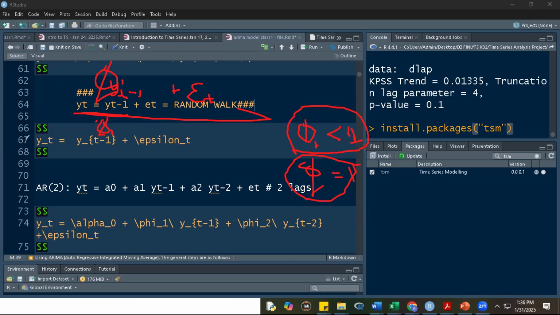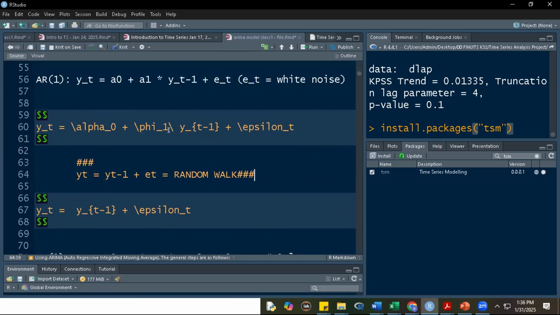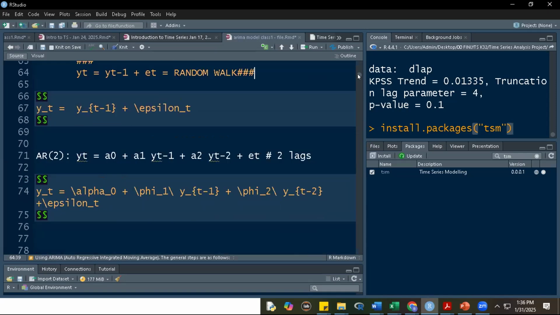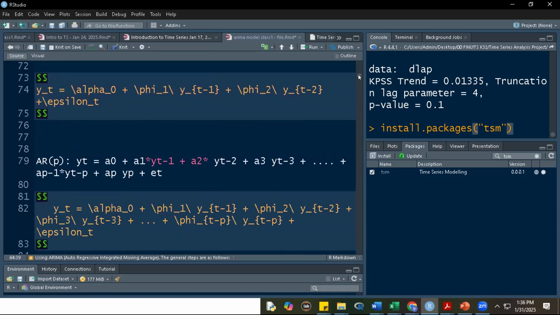So once again, for an AR process, for example AR1, we have this equation, and the condition is that your epsilon, your residual, should be white noise. If it's not white noise, then something's wrong with your model, or that should not yet be the final model.